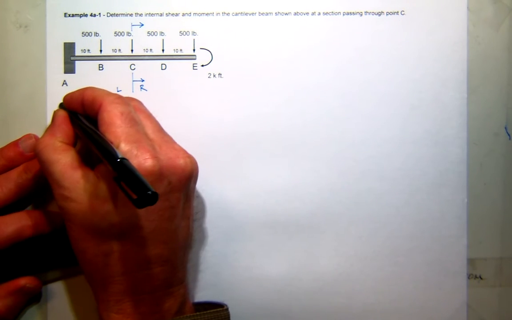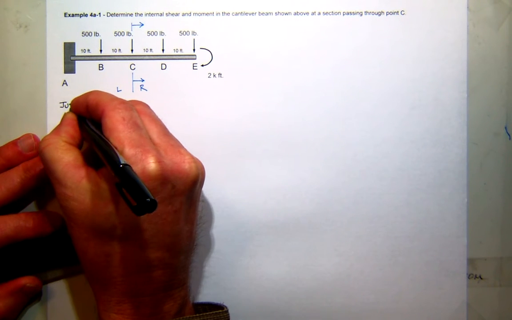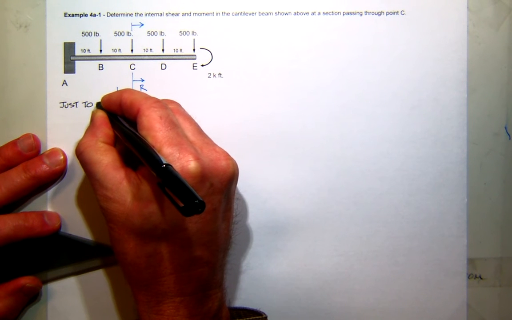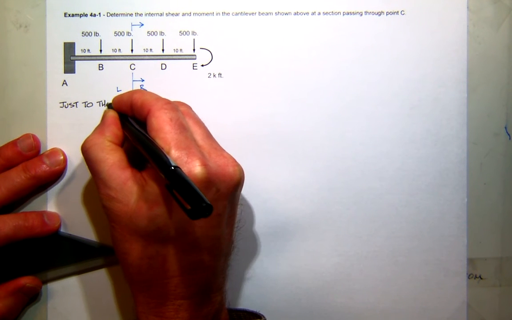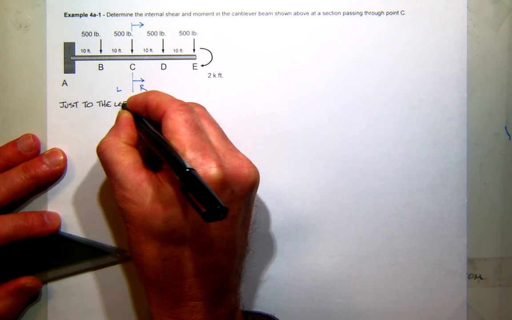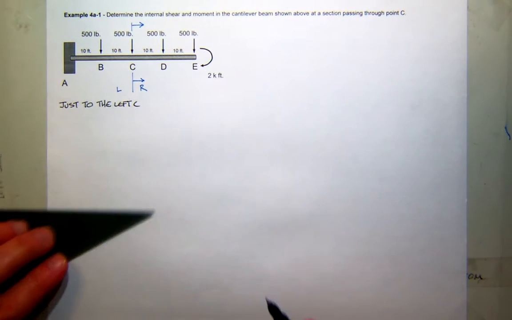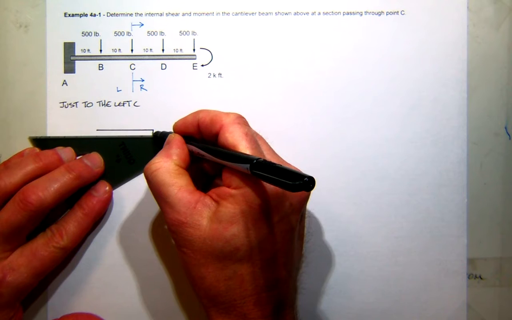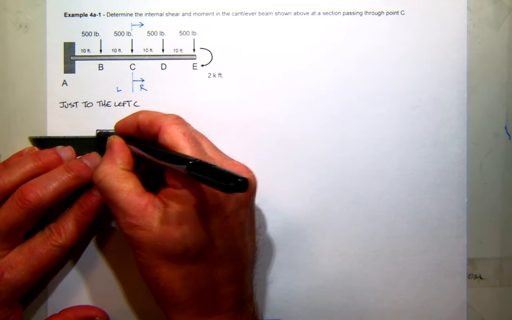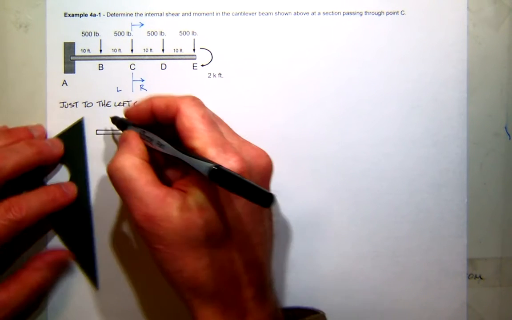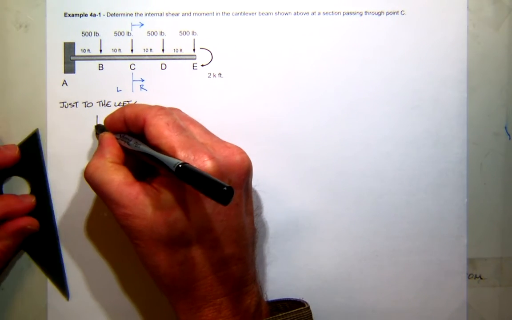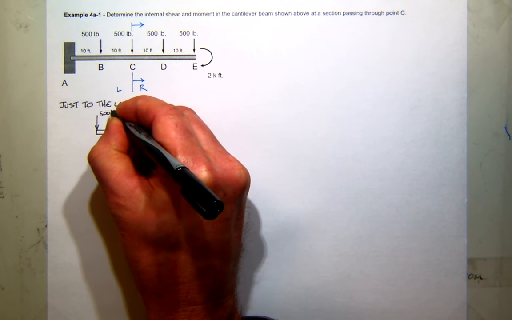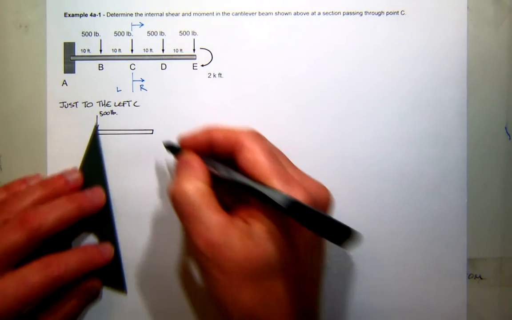I'm going to say let's look just to the left of C. So if I draw my free body diagram, since I'm just to the left side, then that 500-pound force at C is there, right?